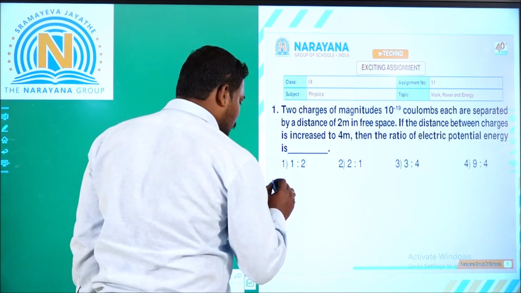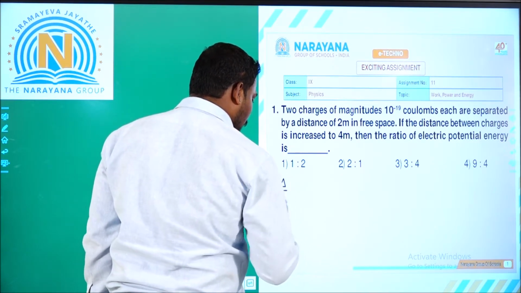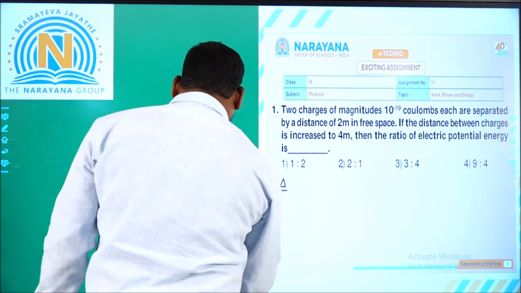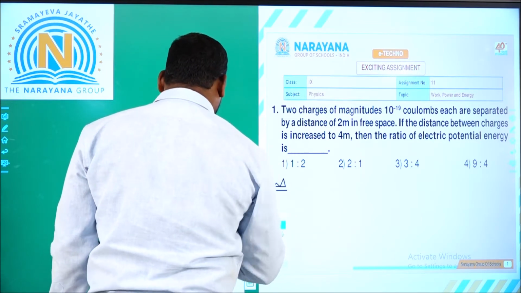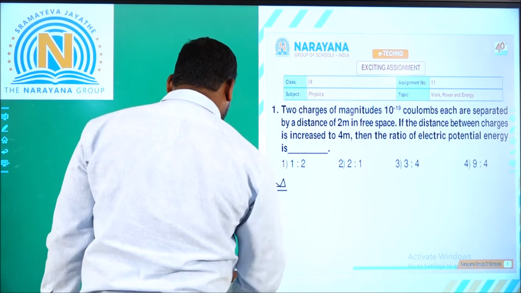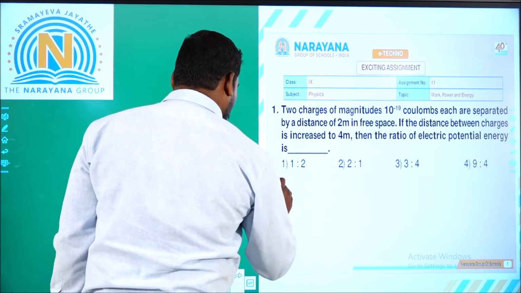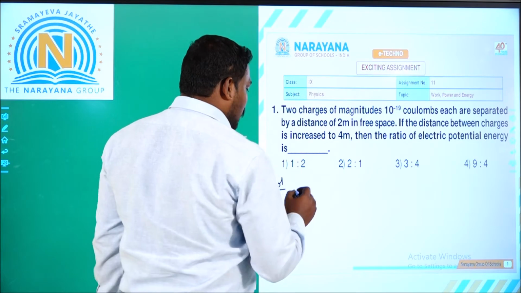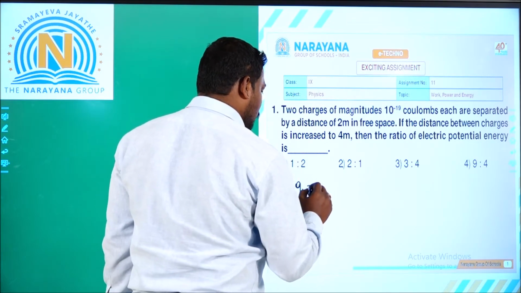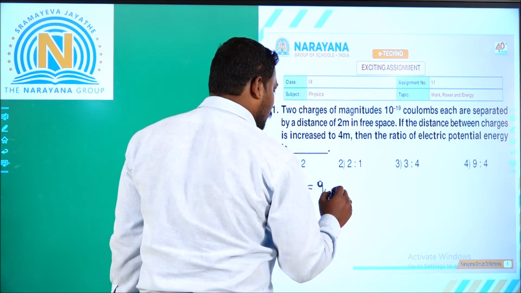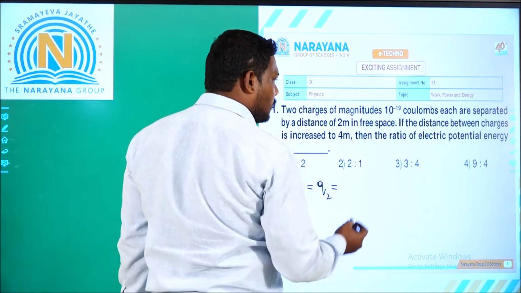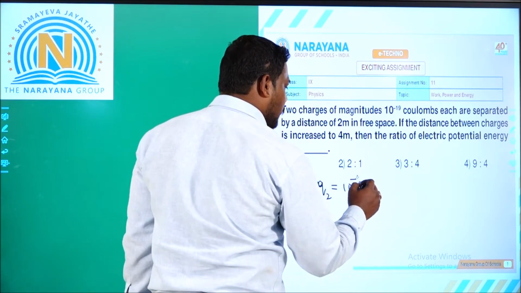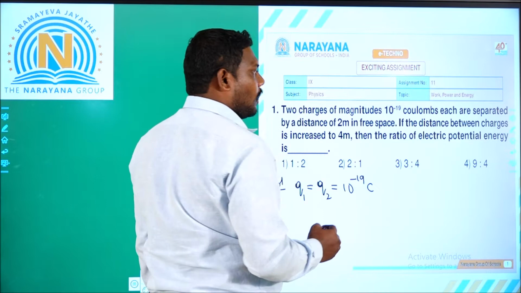Now, let us go for the solution here. When you go for the solution, the two charges, that is Q1 which is equal to Q2, why? Because the magnitudes are not changed, 10 to the power of minus 19 coulombs, okay?